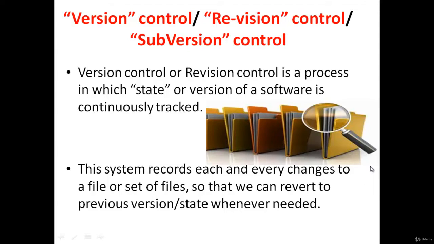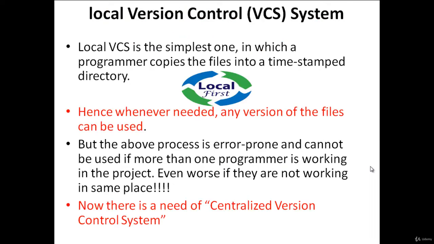Let's see how many types of version control systems are available in the market. The very basic one is the local version control system. Let's first understand how local version control works. This is the simplest one, in which the programmer copies the files into a timestamp directory.